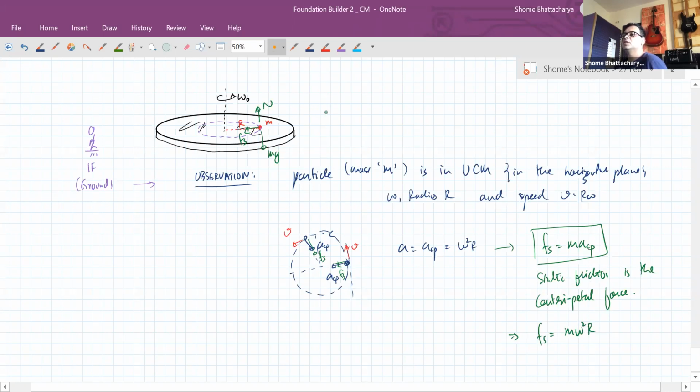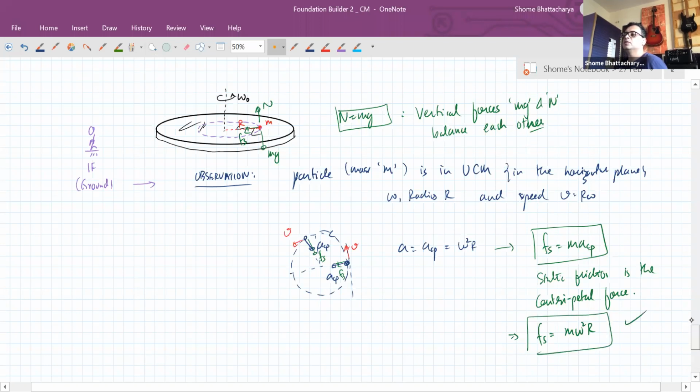Whereas normal reaction and mg cancel each other. So again, vertical forces, mg and normal reaction balance each other. So the net force acting on the particle is the frictional force, which is always pointing towards the center and having a fixed magnitude of so much.